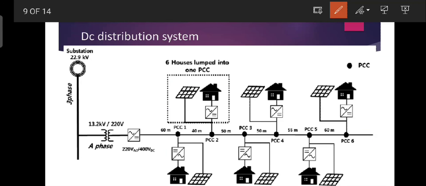Those are 6 houses lumped in one point of common coupling. Okay, so this DC can again be converted into AC, and that AC will be used by home appliances, or used by industry, college, hospital and other offices.